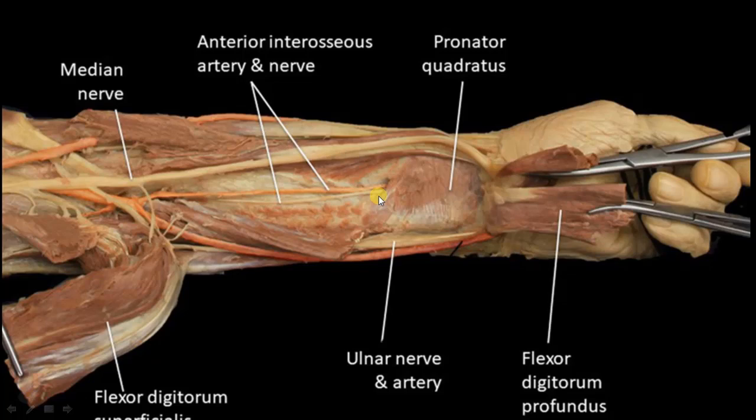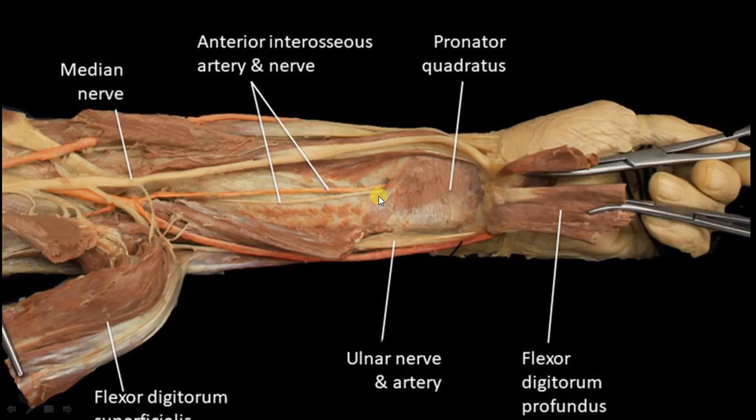Apart from this, collectively you can know that they arise from the common flexor origin, and I told you the insertion of the flexor digitorum superficialis and flexor digitorum profundus. What happens to the palmaris longus? Then this is pronator quadratus, which stretches between the lower part of the shaft of radius and ulna.